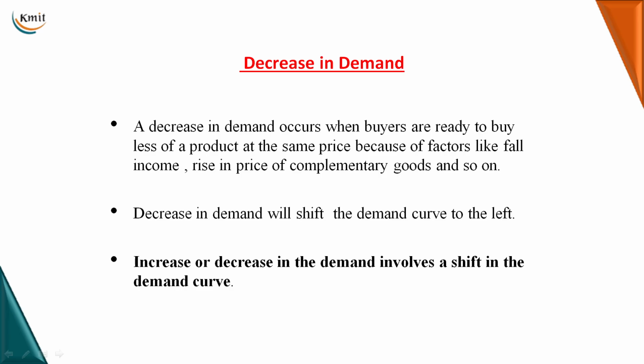Now coming to decrease in the demand. A decrease in the demand occurs when buyers are ready to buy less of a product at the same price. Again, there is no change in the price, because of factors like fall in the income, rise in the price of the complementary goods, or change in the taste and preferences of the consumers, reduction in the size of the population, etc. So decrease in demand will shift the demand curve to its left side.